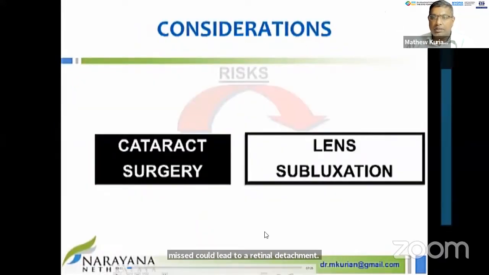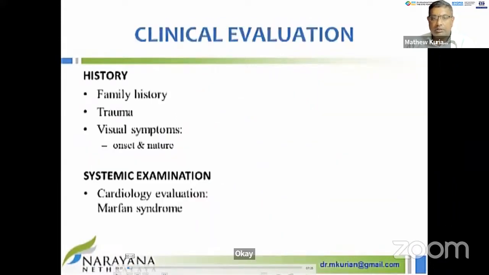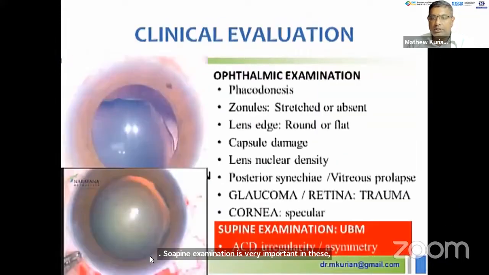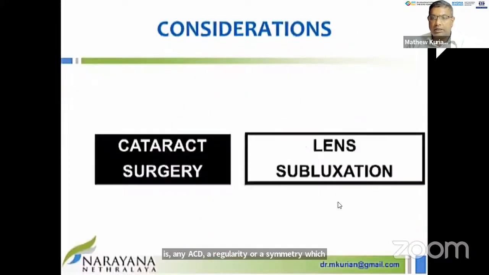Supine examination is very important in these patients because we are looking to see whether there is any ACD irregularity or asymmetry which worsens when the patient is lying down.